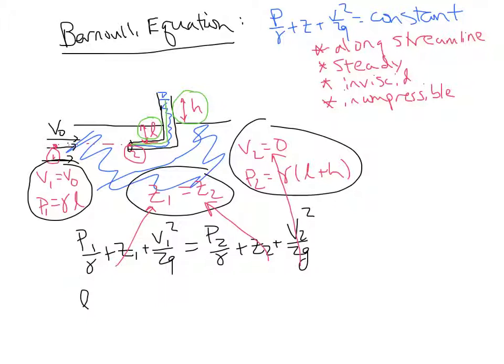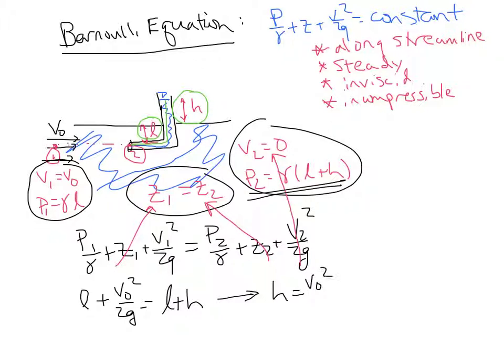So I have L plus the approach velocity squared over 2g is equal to P2 over gamma, which is gamma times (L plus h), so P2 over gamma is just L plus h. And that's all that appears on the right-hand side. So the L's cancel, and what we're left with is h is equal to V0 squared over 2g. Or we could rearrange this to say V0 is equal to the square root of 2gh.